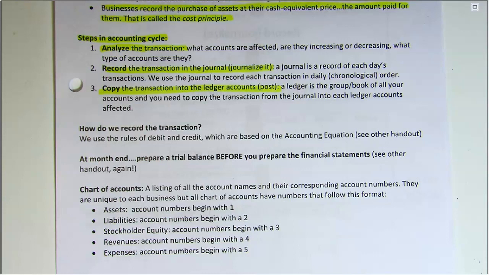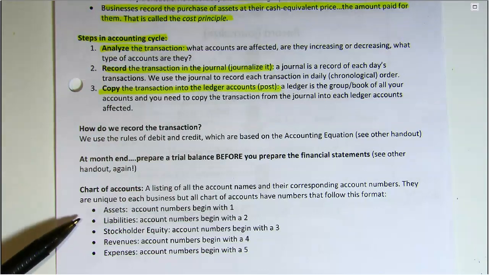For example, you have a social security number, we have an address. Accounts have numbers so that we can make things a little bit easier in this accounting cycle process, and we'll show you how we use them in just a few minutes. So a chart of accounts, again, is simply a listing of all the account names and their corresponding numbers.